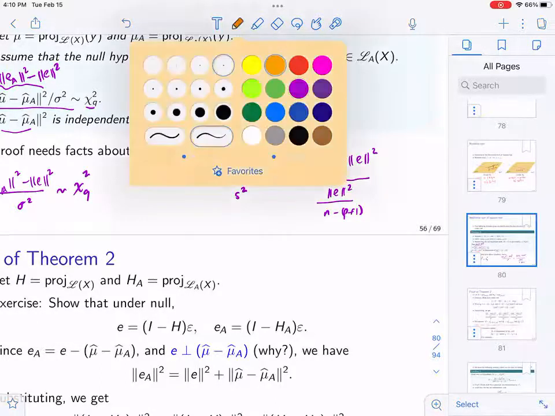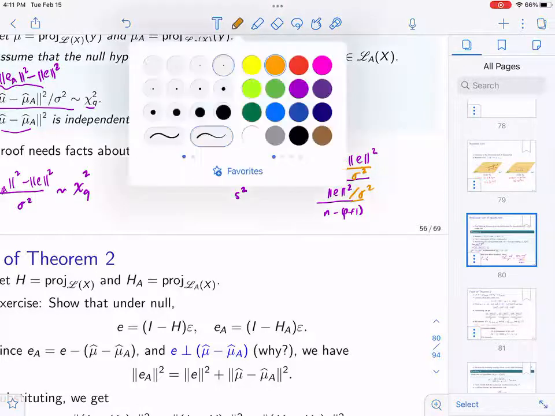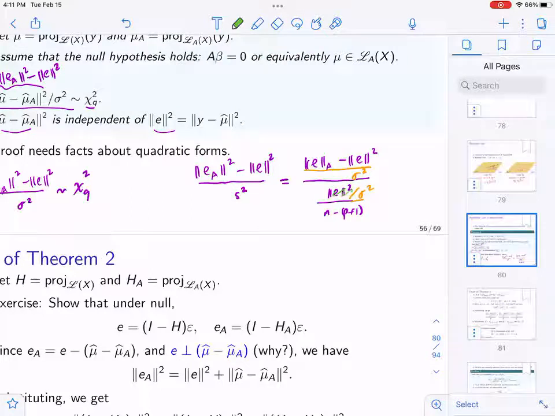They cancel out, if you think about it. So this is chi-squared with n minus p plus 1 degrees of freedom. This guy is chi-squared with q degrees of freedom.